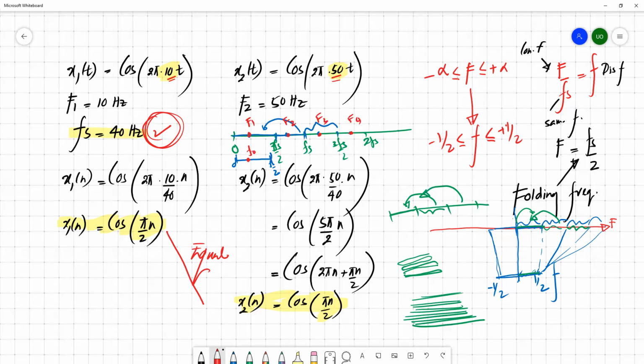So those frequency components give the same translation once you use this Fs as a sampling frequency. All these frequencies basically map to the same frequency. So then you cannot recognize whether this discrete signal comes from capital F1, capital F2, capital F3, or capital F4.